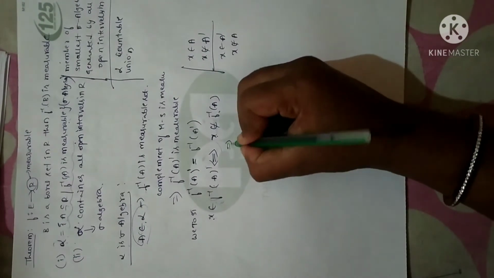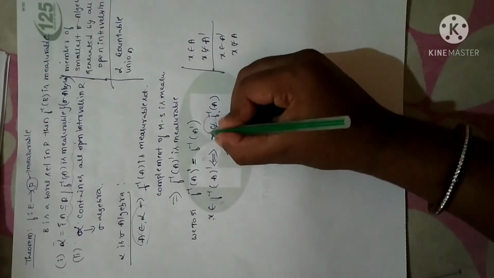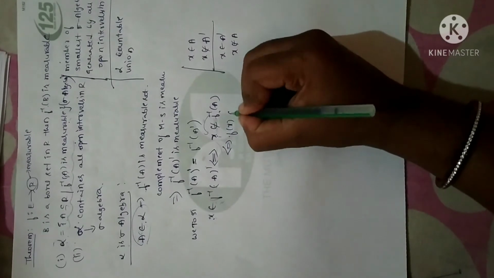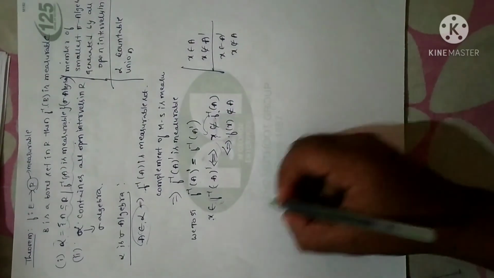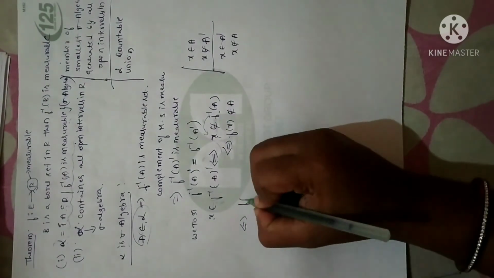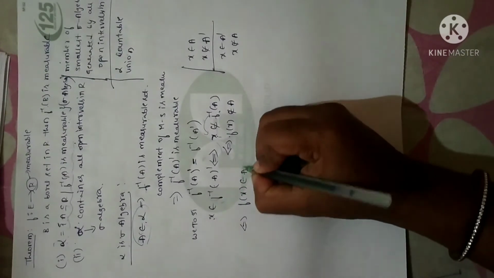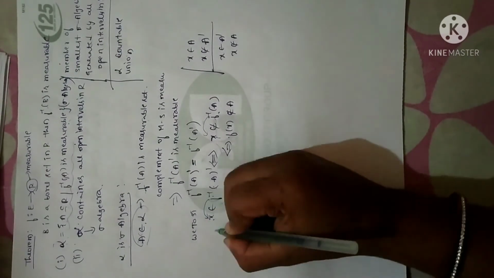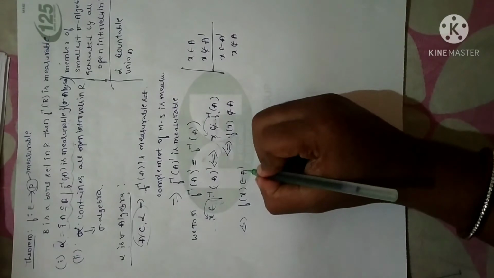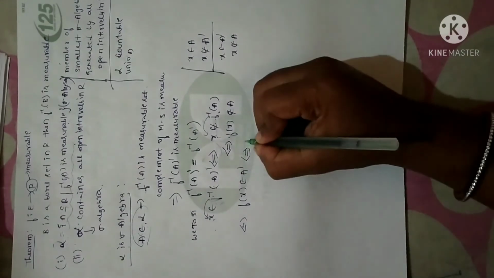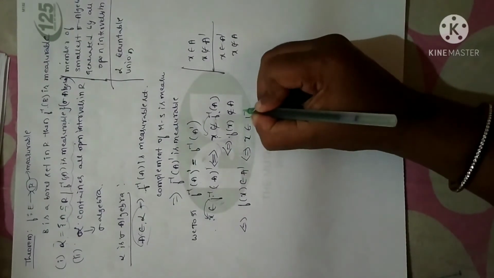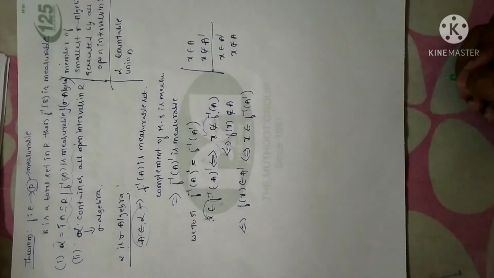Right? At the same time, I can say F of X does not belong to A. That implies F of X belongs to A complement. I am just shifting this. So F of X belongs to A complement implies that X belongs to F inverse of A complement.